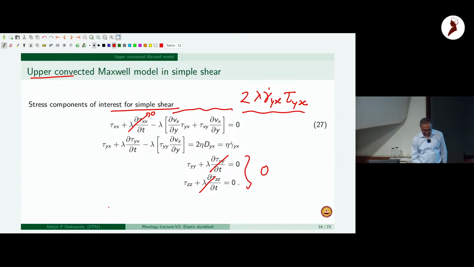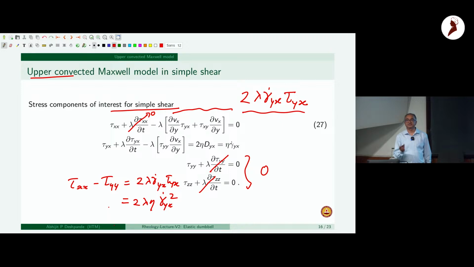And so the normal stress difference, which we define in terms of the flow direction and the shear direction, is 2 lambda gamma dot yx into tau yx. Or it is also 2 lambda eta gamma dot yx squared, because tau yx we know is just viscosity times gamma dot. And so this is the gamma dot squared dependence that we see for the elastic dumbbell or this upper convected Maxwell model.